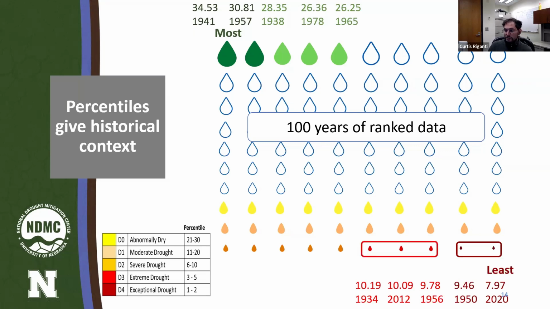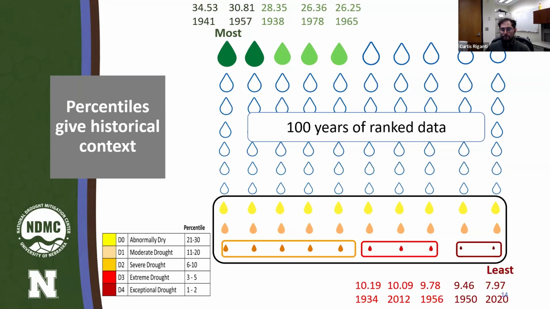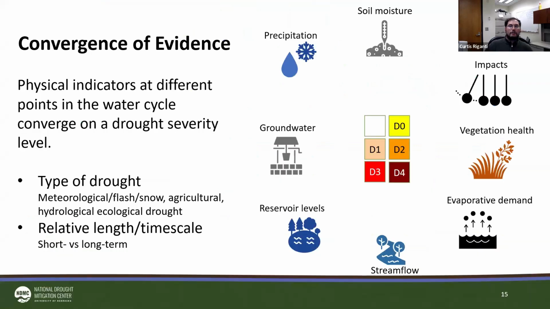Your D3 percentile yearly precipitation would be 1934, 2020, 2012, and 1956. As we go on, again, we're identifying basically yearly precipitation in this sense. But you can port this to any sort of index or indicator that we're looking at based on how the current data compare to the historical data record, specifically in terms of its percentile.